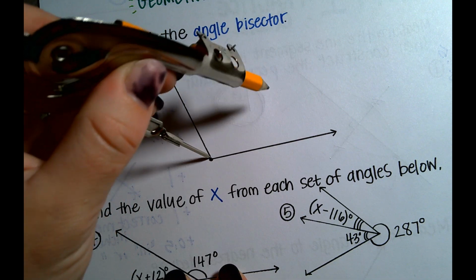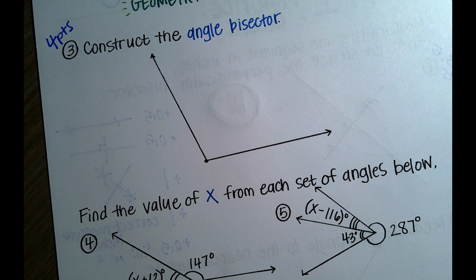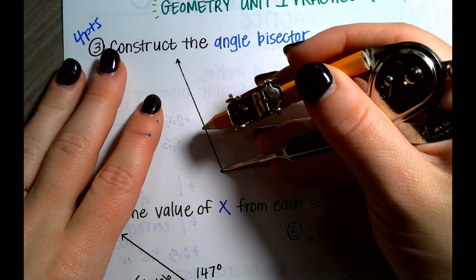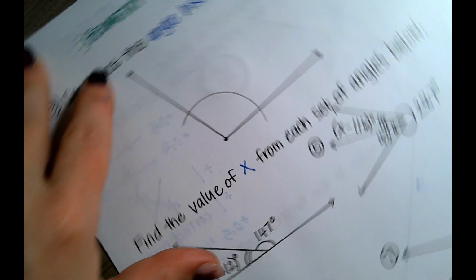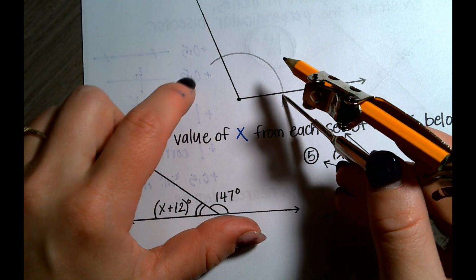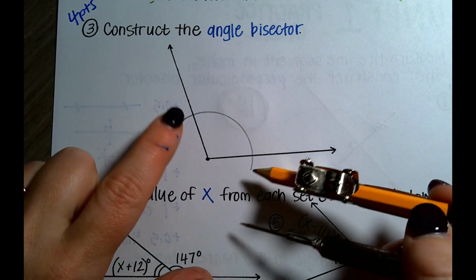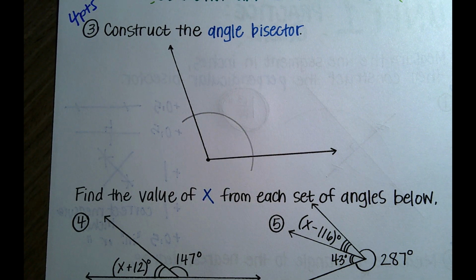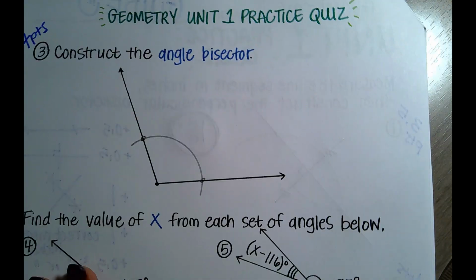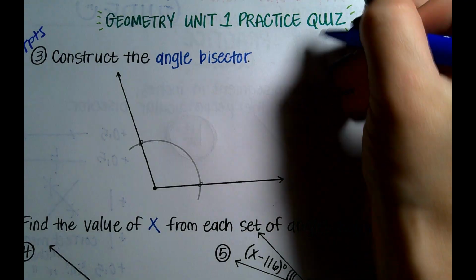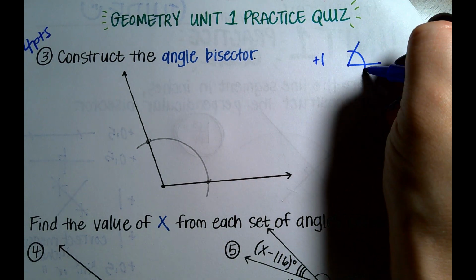So we're going to start with an arc, and this compass is so loose, it's going to mess me up. Let me try this. Okay, so we're going to make an arc, and your arc just needs to be crossing through both of the rays that make up your angle, so that we create 2 new intersections there. So I'm going to mark those intersections. And the first point you'll get for this question is for having that arc drawn.